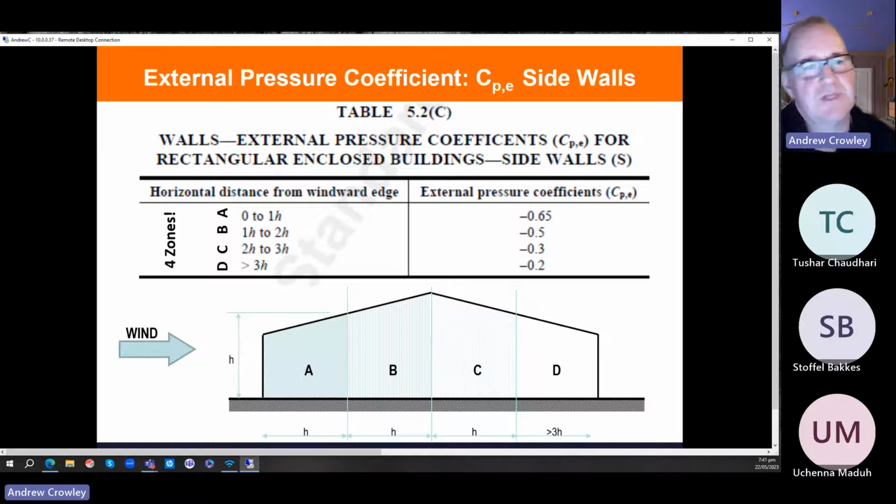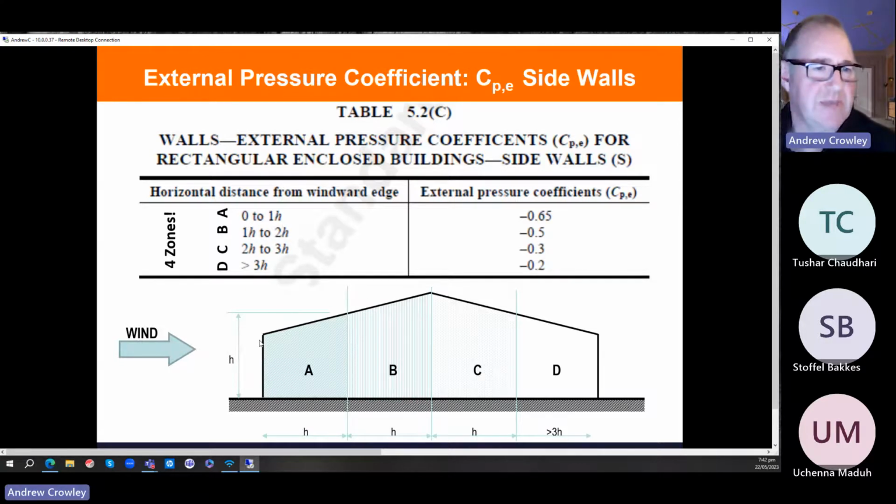It is 5.2C. And you'll see there are a number of zones. I've added the A, B, C, D. And the further you are away from the windward edge, the more the pressure coefficient diminishes. So usually we look at 0.1H.